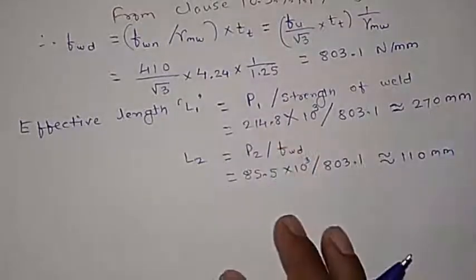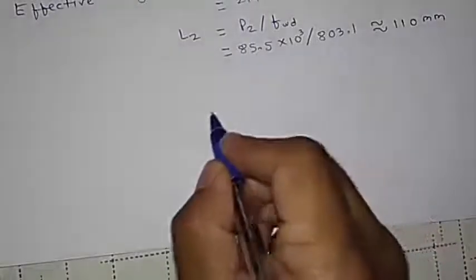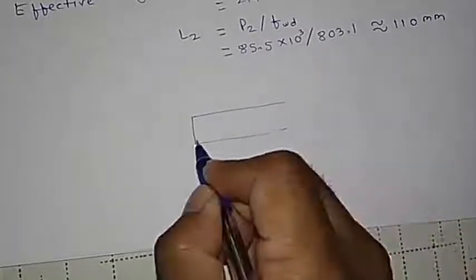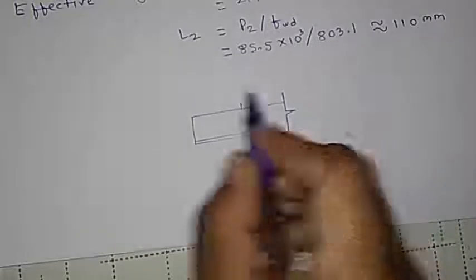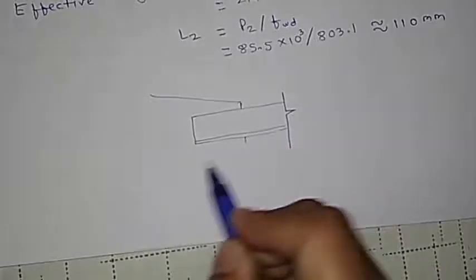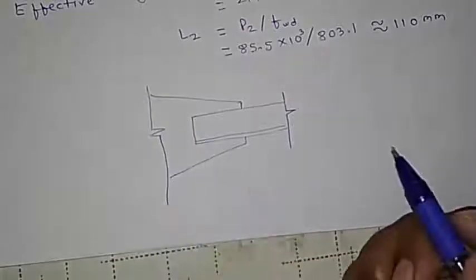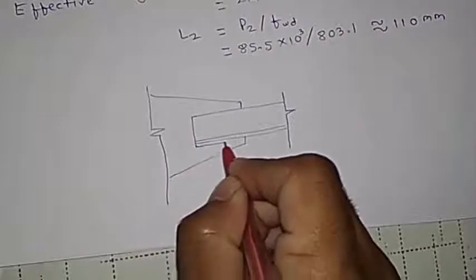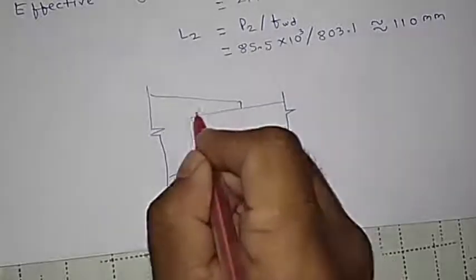So if we just draw it again, let us have this. So that's it. You need to show how much length of the weld is required.